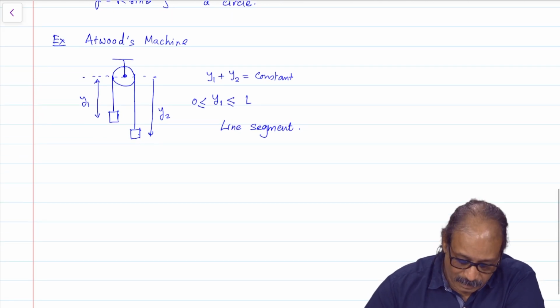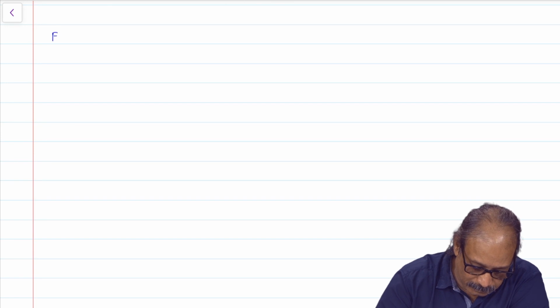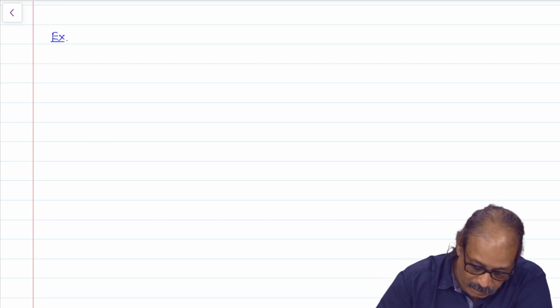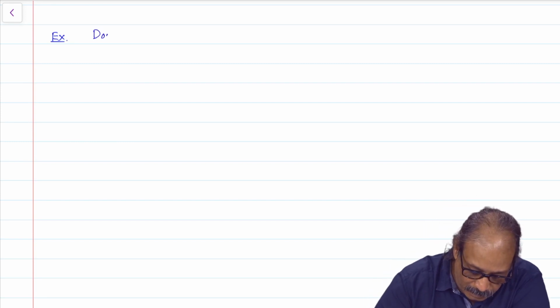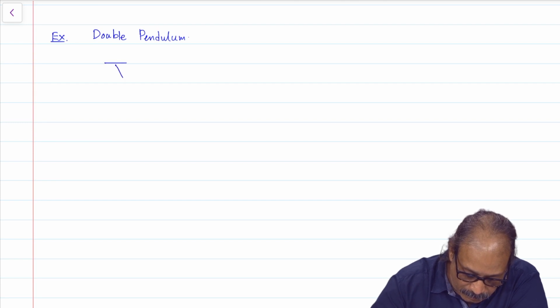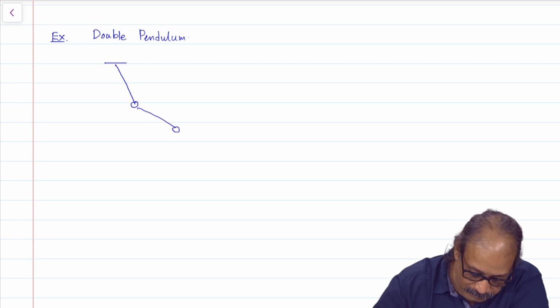The third example is a double pendulum. Here we have one pendulum and the second pendulum is connected to the first one.